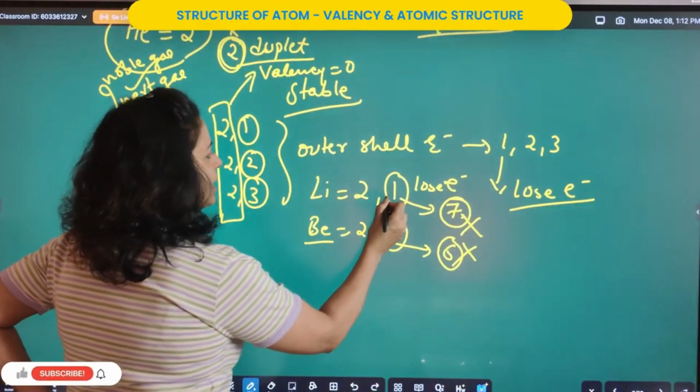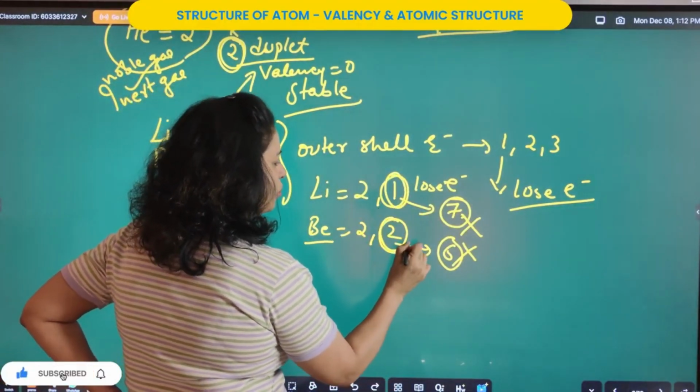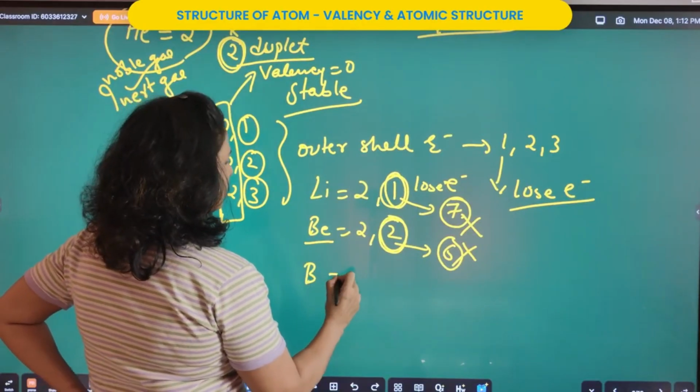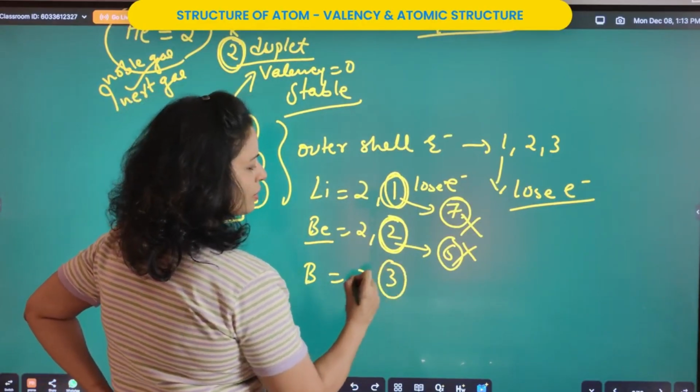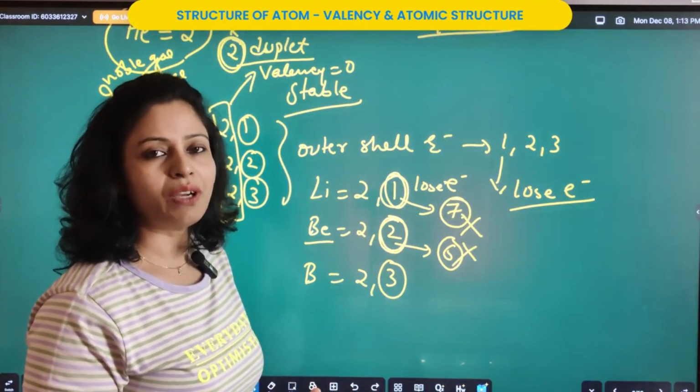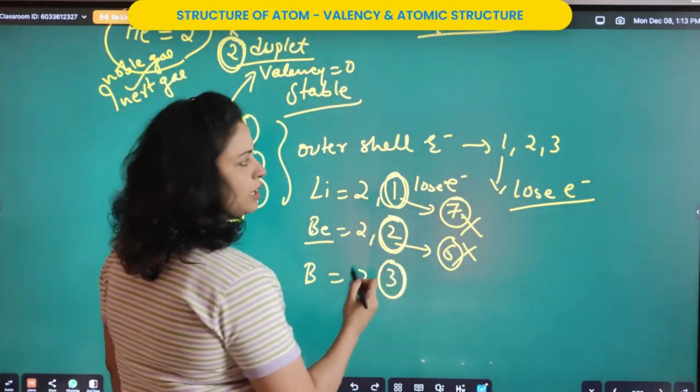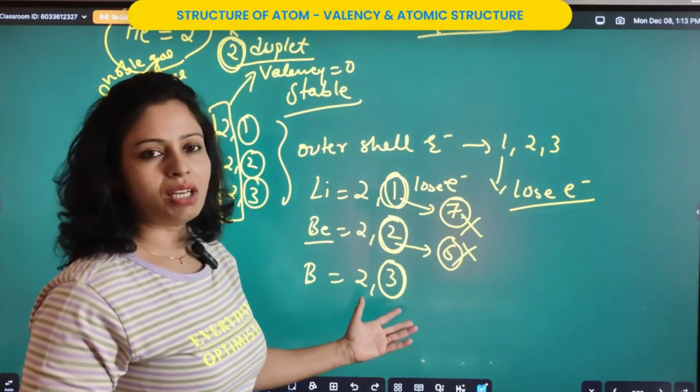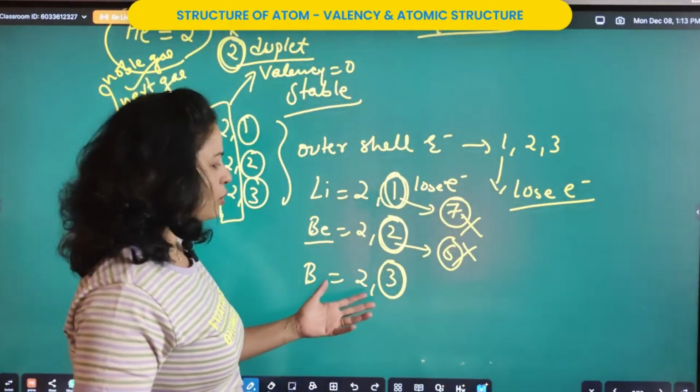Boron also finds it easy to lose 3 electrons. It will not gain 5 electrons because a lot of energy is required for that. It is easier to lose these 3 electrons rather than gaining 5 electrons to become octet.